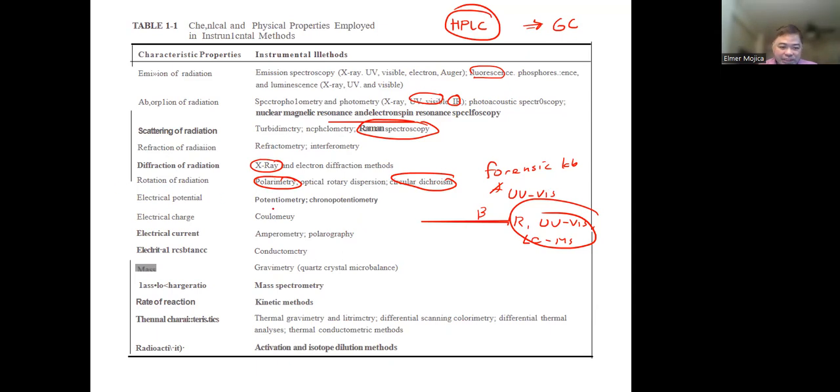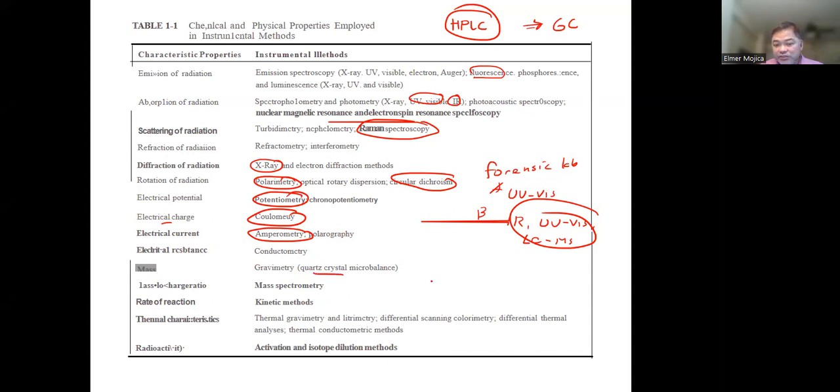Electric potential, I use potentiometry. Electric charge, since I'm teaching instrumental analysis, that's the only time I use coulometry. Electrical current, that's my research when I was in the Philippines, developing sensors to analyze heavy metals. Then electrical resistance, conductometry.